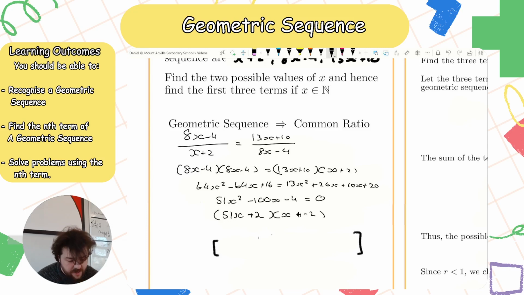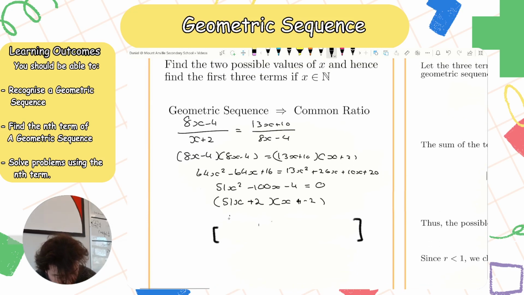Therefore, x is going to be equal to minus 2 over 51, and x is equal to 2. But it's telling me here x is a natural number. So therefore, x equals 2.